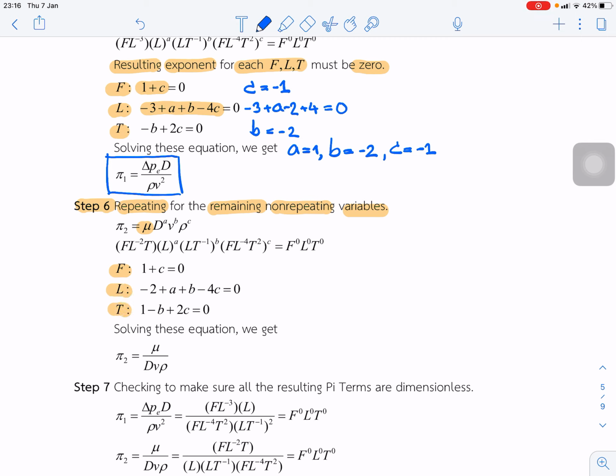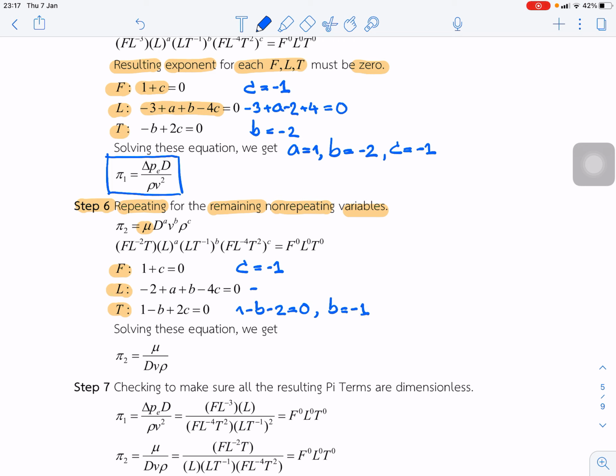We can solve to find that c is equal to minus 1, and from the third equation, b is equal to minus 1.